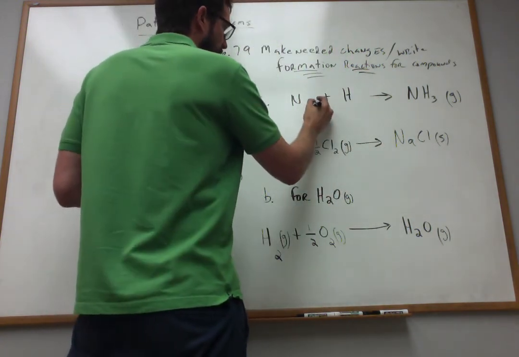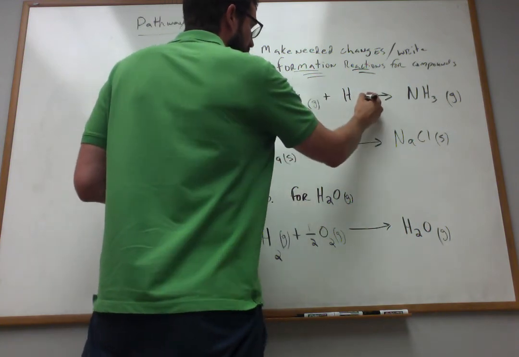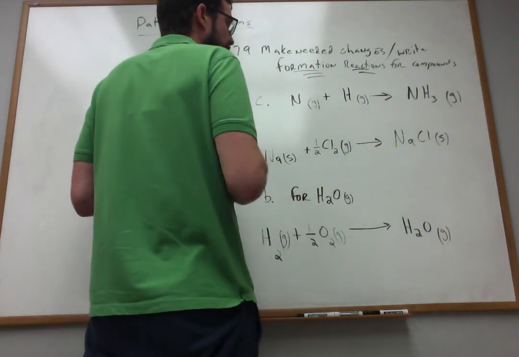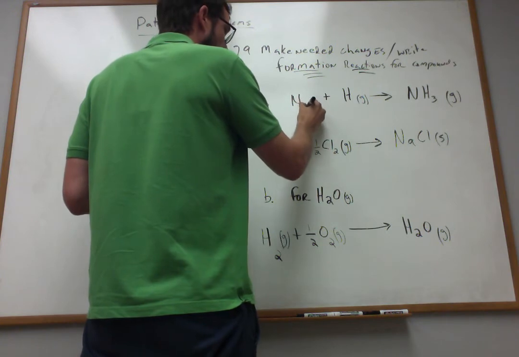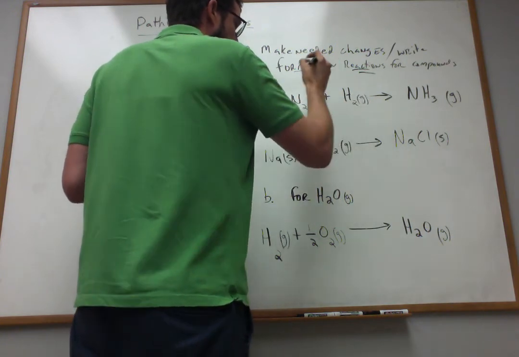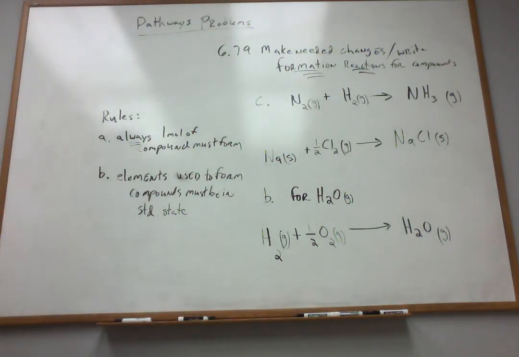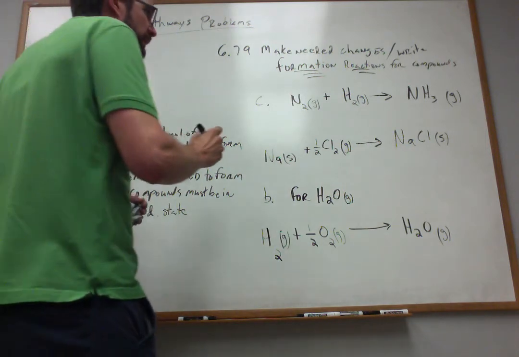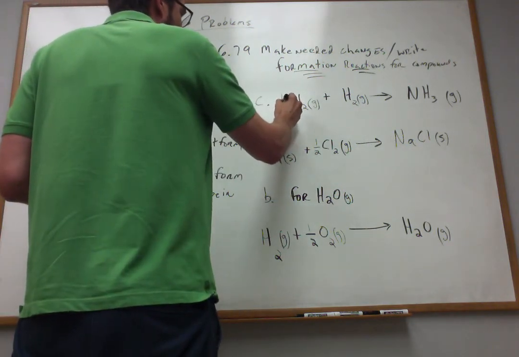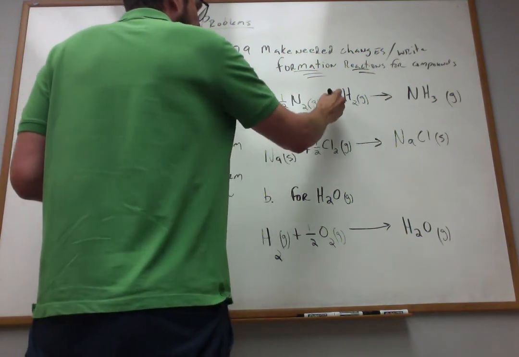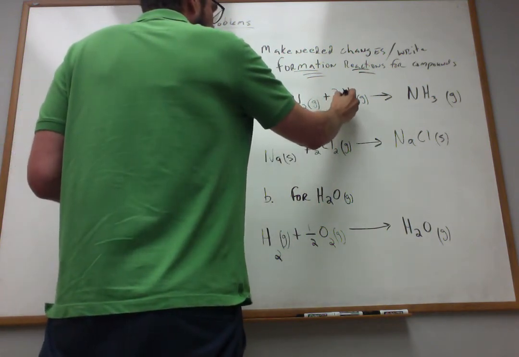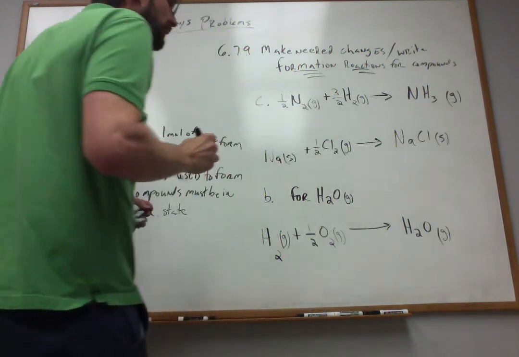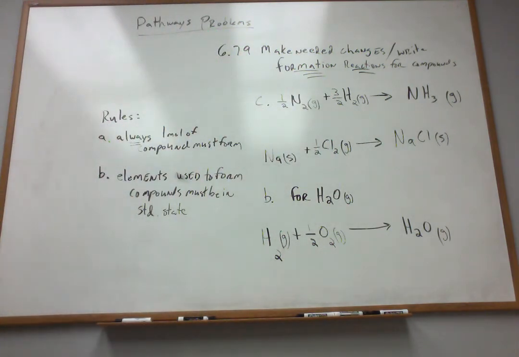What do we know about these? Well, they're both gases, so g and g. But they're also both diatomic in their standard form. So I need to write the subscripts too. That's how they come packaged. Now, of course, this is not balanced as it's written right now. I need to balance it. But I can do that by making this 1/2, and making this one a little bit trickier, 3/2. I think that makes it work.